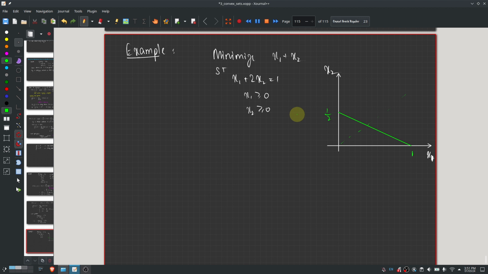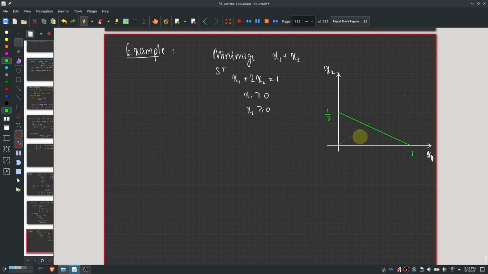So I'm asking for the minimum value of x1 plus x2 on this particular line. Or if you want to simplify, 1 by 3, 1 by 3, what would be x1 plus x2? 2 by 3.